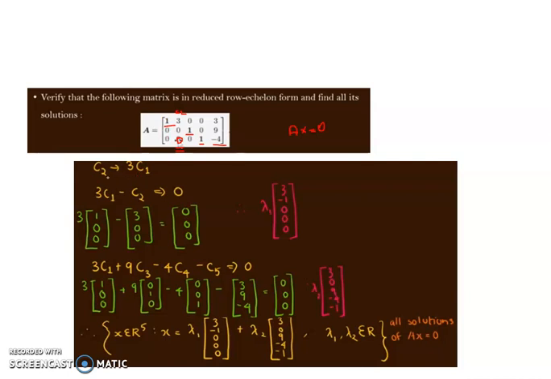We can express it like this: C2 is equivalent to 3C1. So we can formulate an equation like 3C1 minus C2 equals 0. That is the format in which you formulate it. So if you formulate an equation, you will get 3C1 minus C2 equals 0.